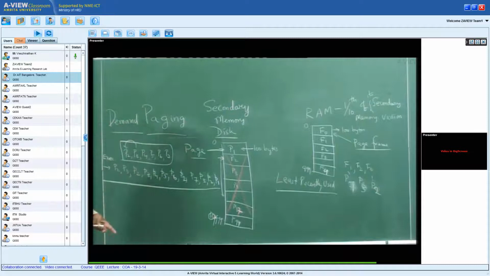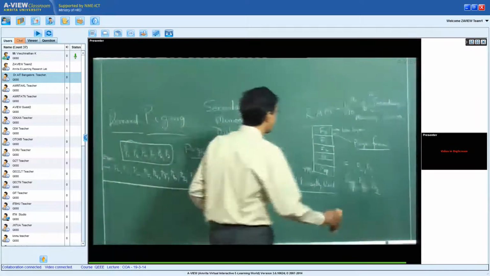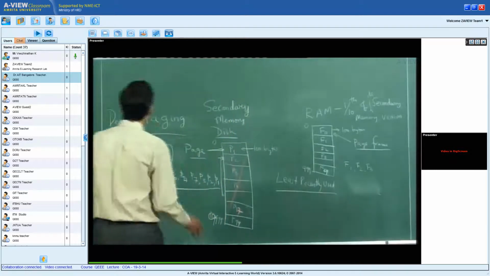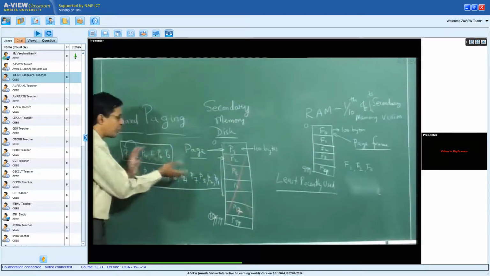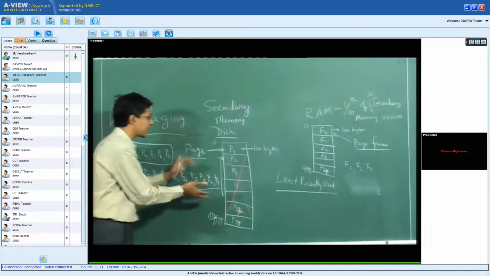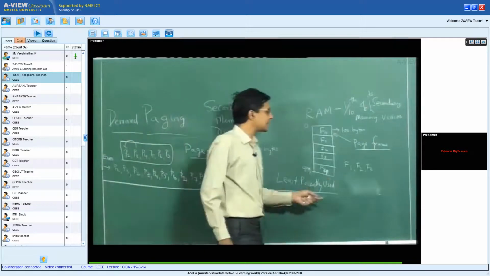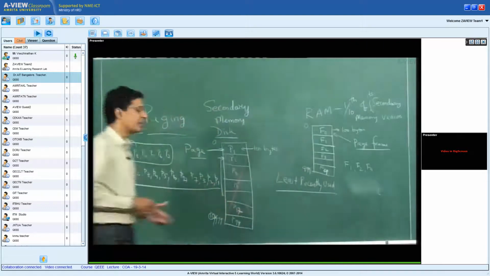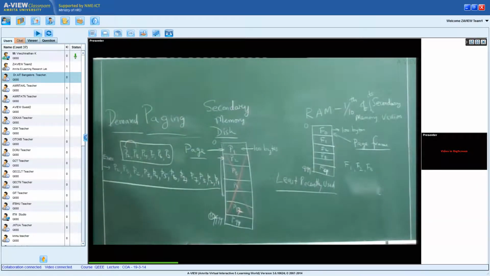So I will explain this execution again. I have 6 pages of program loaded into your secondary memory, and the operating system gives you 3 page frames for you to execute this program. First, the program starts executing at page 2.